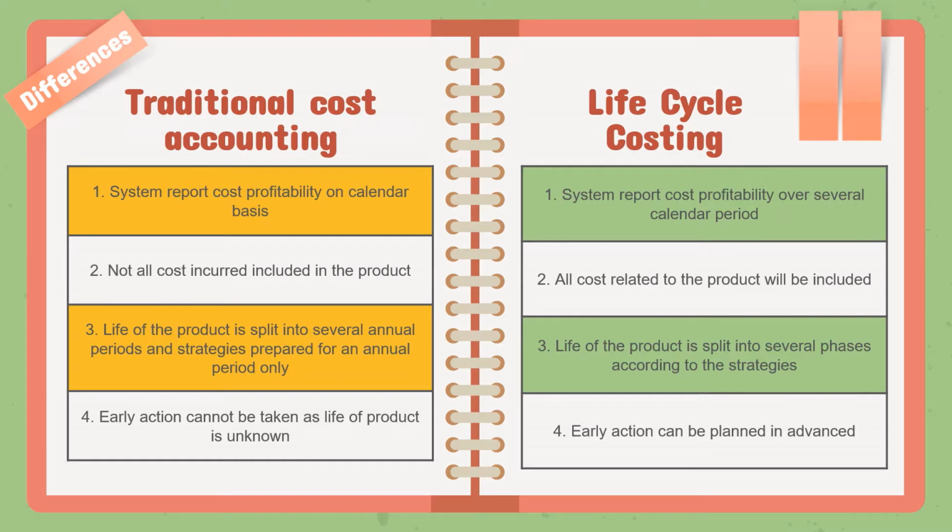Thus, early action cannot be taken as the life of the product is unknown. As compared to life cycle cost, the product life is split into several phases according to the strategies, so early action can be planned in advance. Overall, we can say life cycle cost is more conclusive than traditional since the plan is made for a long-term period.